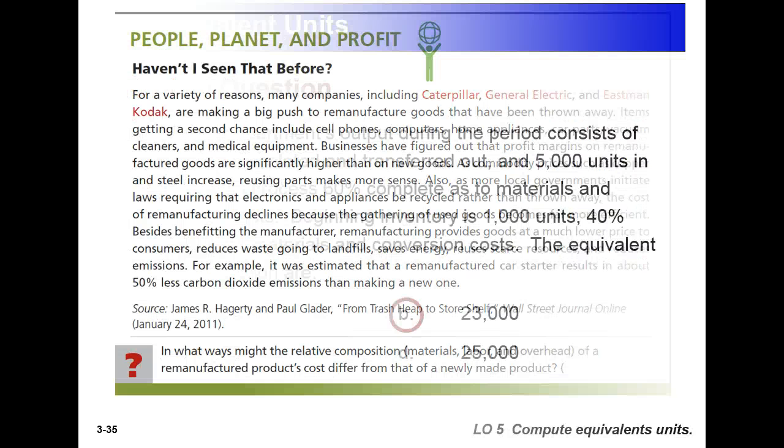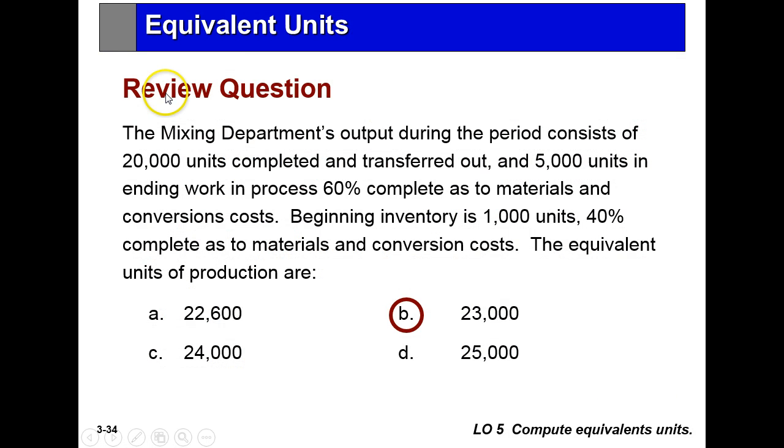What are the equivalent units of production? Well, how can we figure this out? The mixing department output: 20,000 units completed and transferred out, and 5,000 units in the ending work in process, 60% complete as to materials and conversion costs.